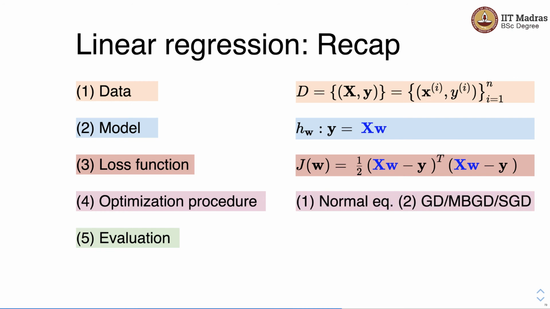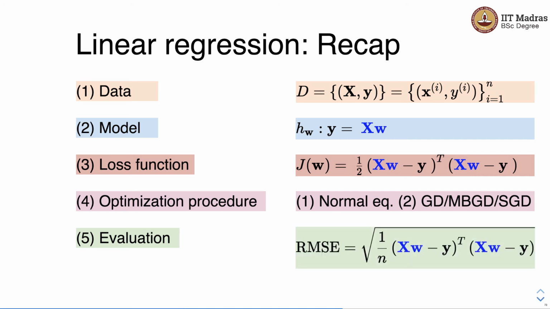We use the method of normal equation or iterative optimization like gradient descent, mini-batch gradient descent or stochastic gradient descent to estimate the weight vector of the linear regression model. And finally, we give RMSE as the square root of 1 over n times the sum of the square of the difference between the predicted value and the actual value.